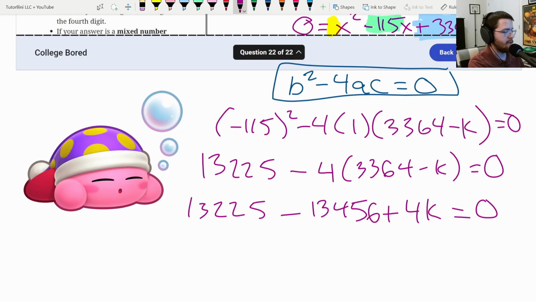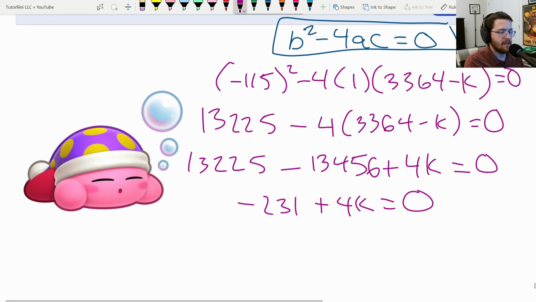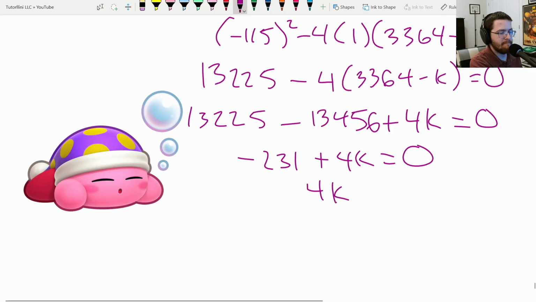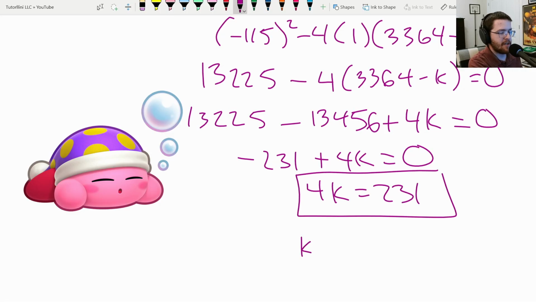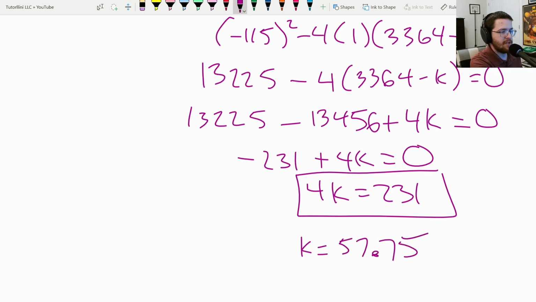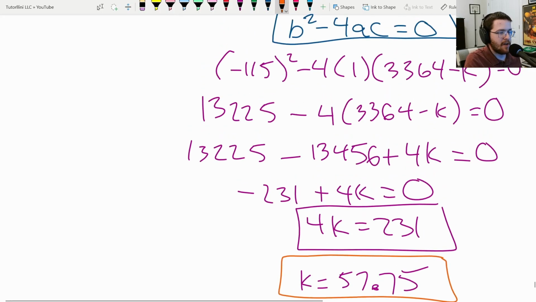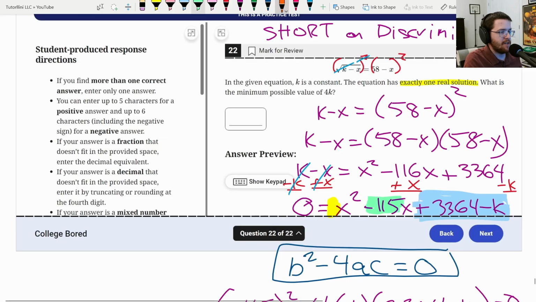Okay, so I get negative 231 plus 4k equals 0, and I get 4k equals 231. If you divide both sides by 4, you get k equals 57.75. But you'll notice the question wanted us to find 4k, which, as we just established, was 231.